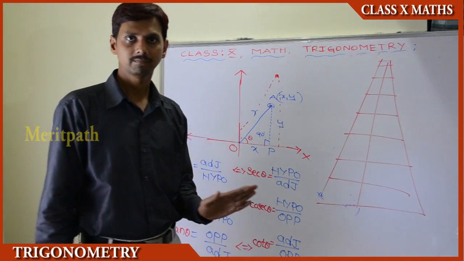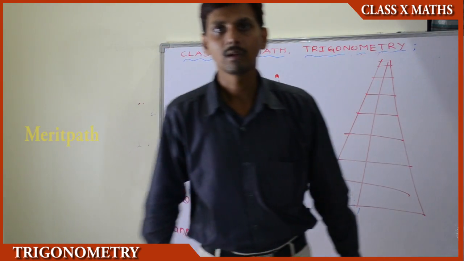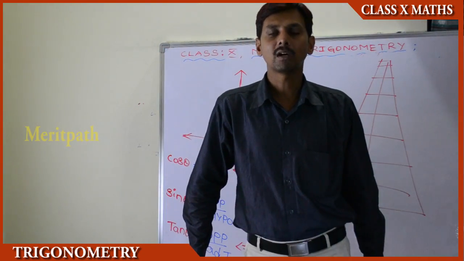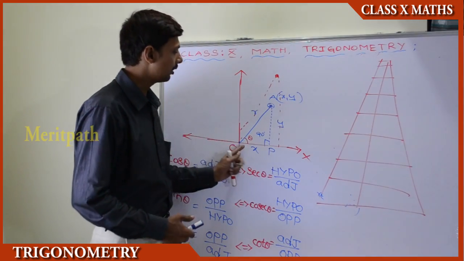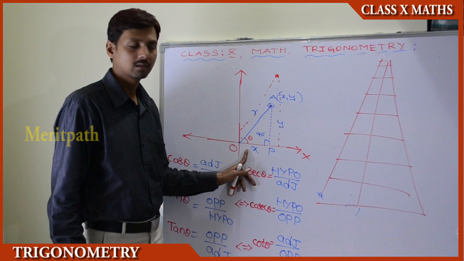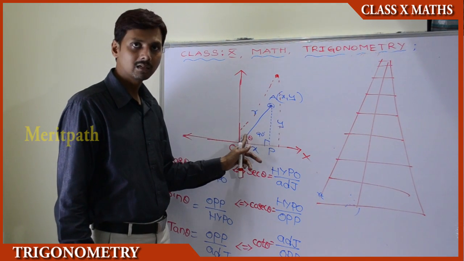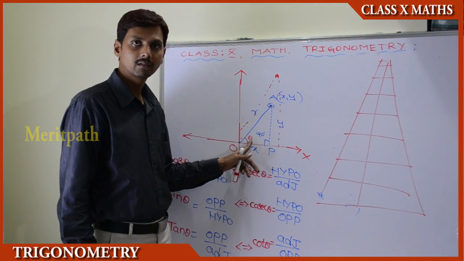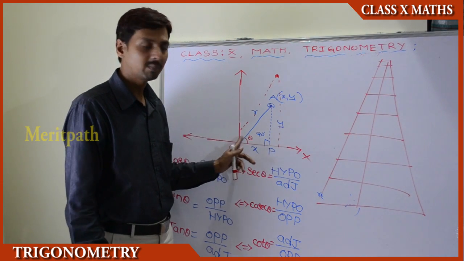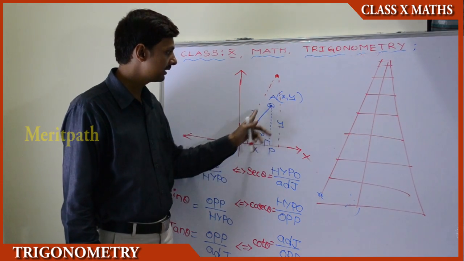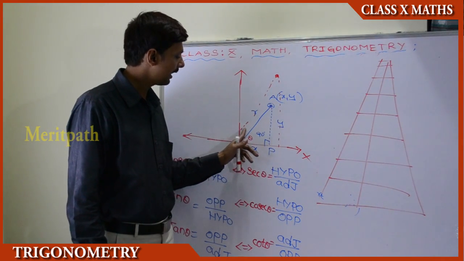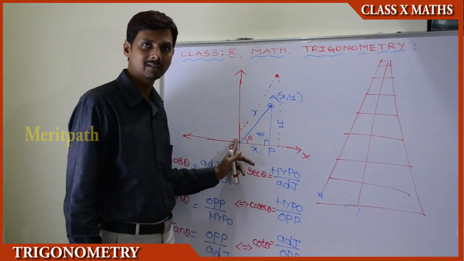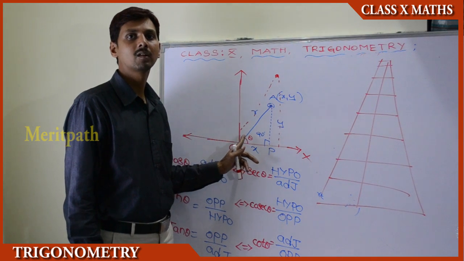The next one is trigonometry. We got the trigonometric ratios on the coordinate axis with the distance r and the angle made by the line from the point to the origin with the x-axis. This is called theta.